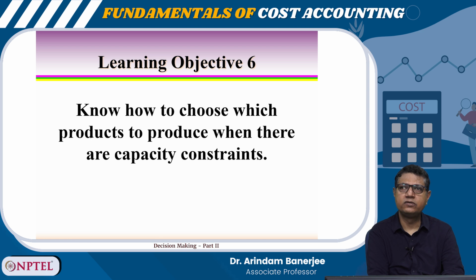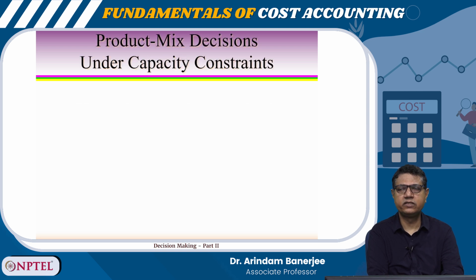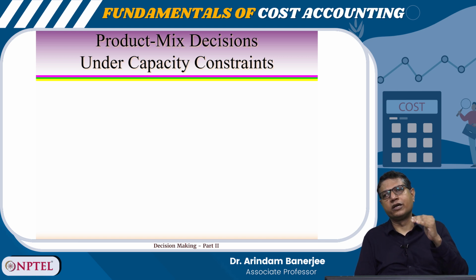So, we discussed make or buy, we discussed opportunity cost. Now, we will discuss a product to be produced where there is a capacity constraint. What is a capacity constraint? Suppose a company has 3 products, product 1, product 2, product 3, and I need to decide which product should get priority in production.